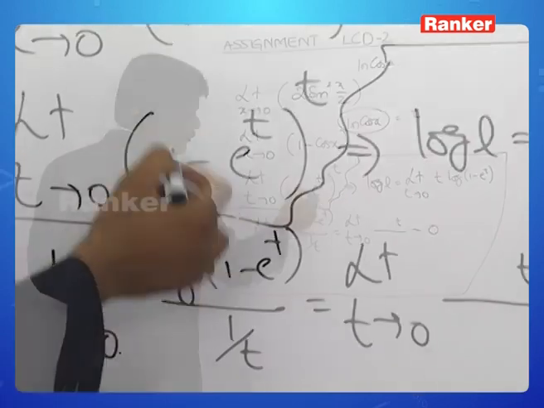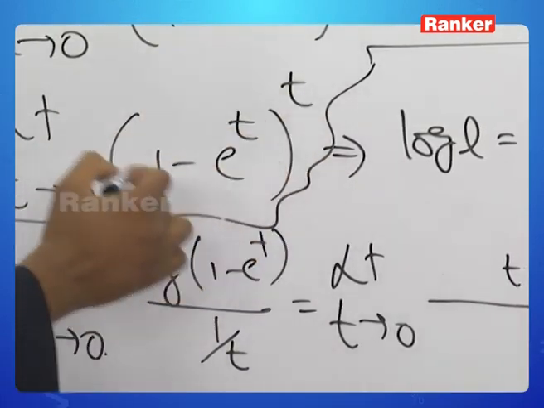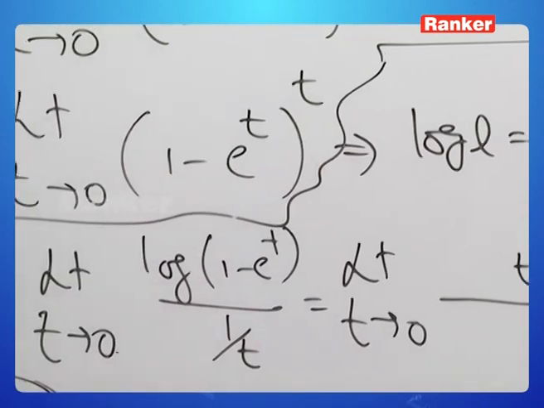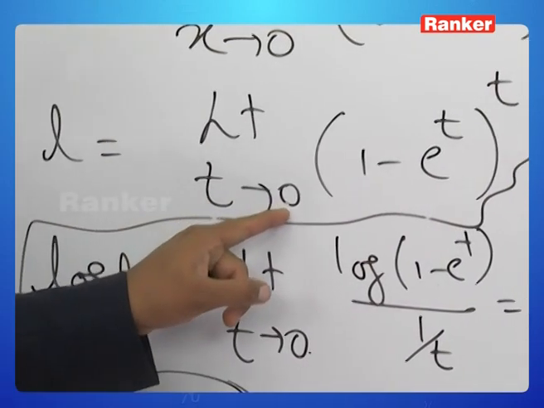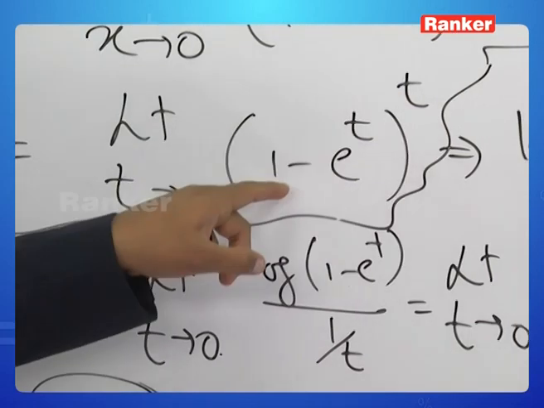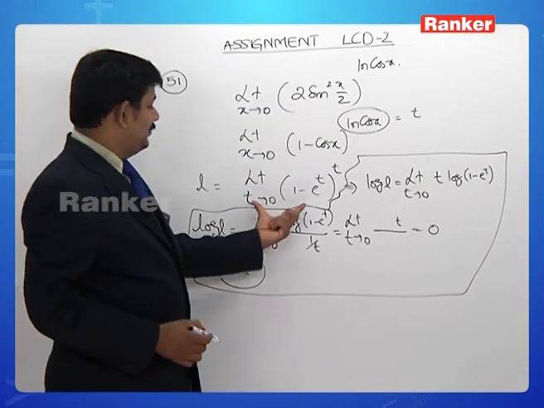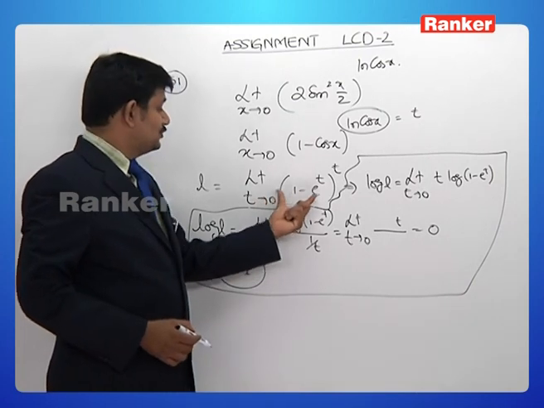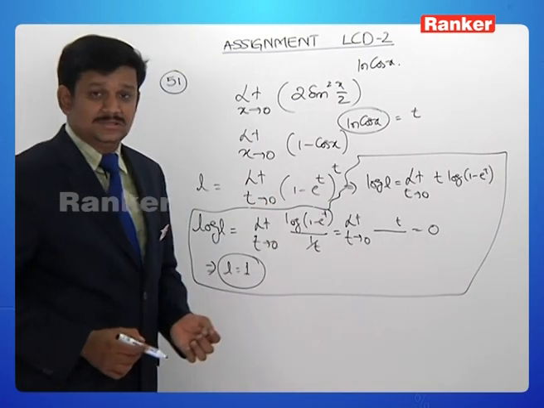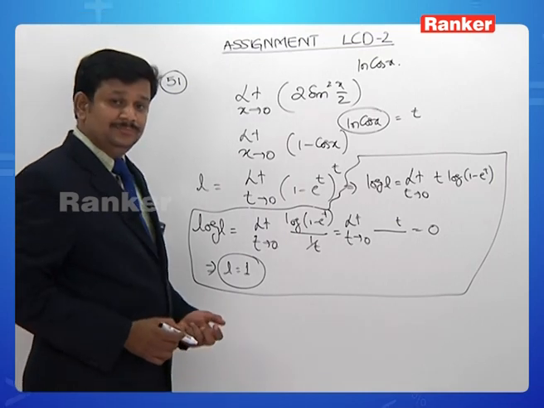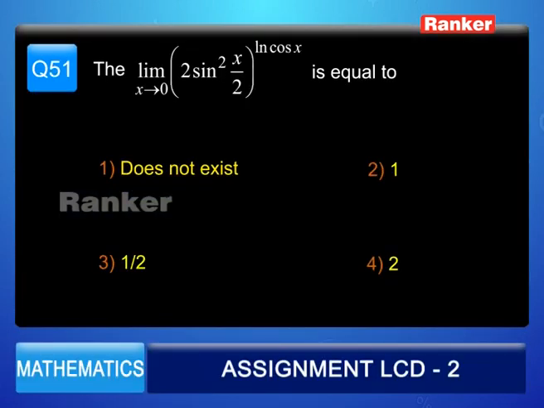Or this entire expression as t tends to 0, this limit would be limit t tending to 0, t power t, and we have evaluated this limit t power t in the basic discussion, it would be 1. So, we can say L is equal to 1 directly from here. So, answer is L equal to 1.